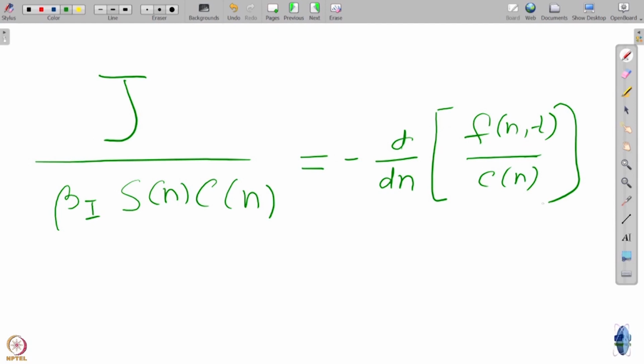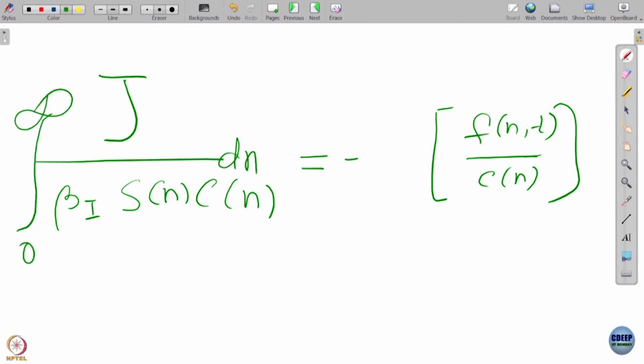So, I do the integration from 0 to infinity. I bring dn here and then I do this integration from 0 to infinity. At infinity it is 0, and at n equal to 0 we need f n t at that limit.